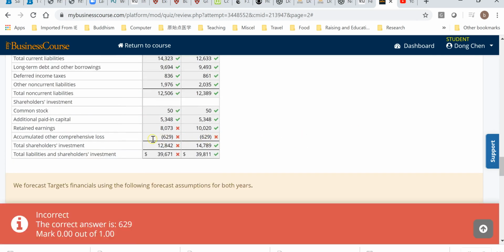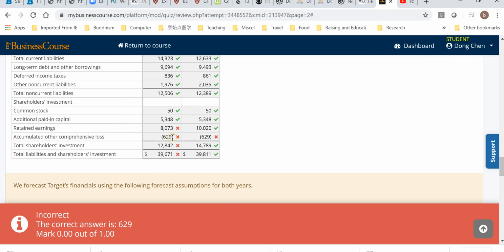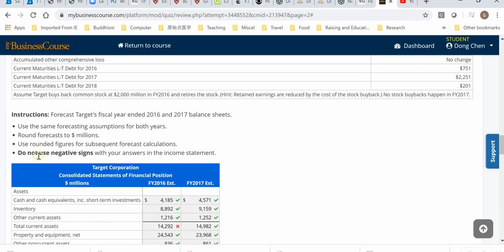In particular here, for the accumulated other comprehensive loss, my course system only accepts a positive number, but this is not so clear because the instruction says do not use negative signs with your answers in the income statement. It doesn't mention that for the balance sheet.